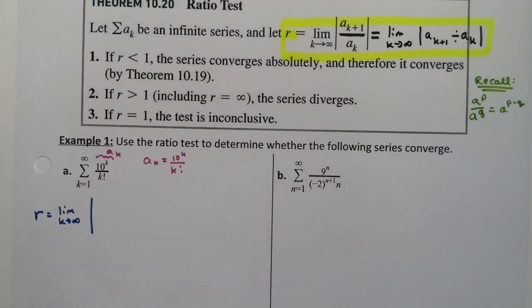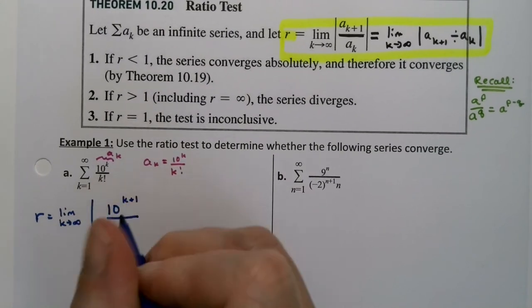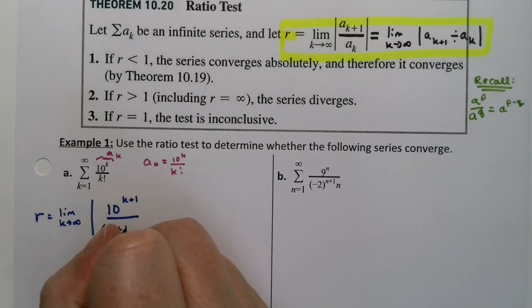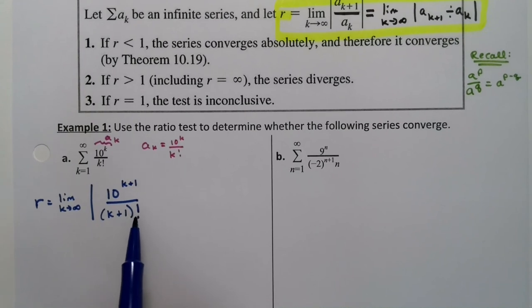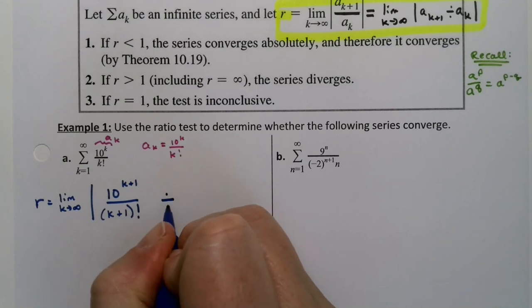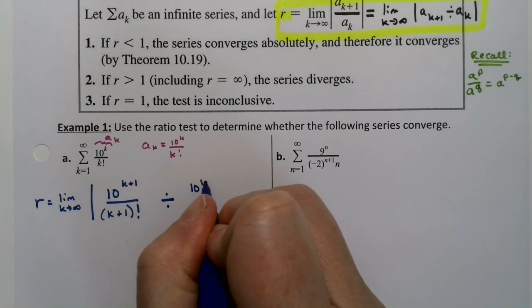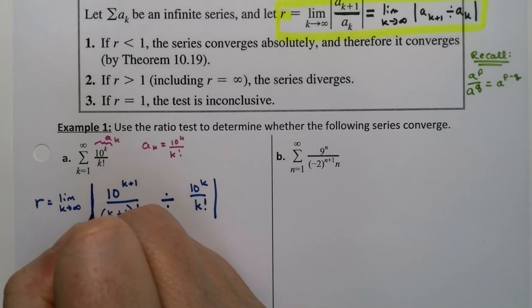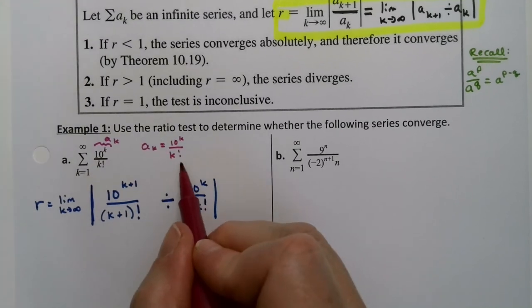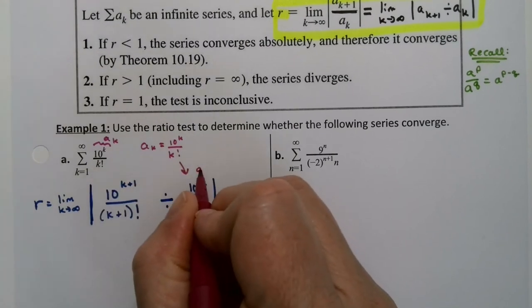So a sub k plus 1 would be 10 to the k plus 1 over (k plus 1) factorial. You have to put parentheses there because you don't want to imply that it's 1 factorial. So you need k plus 1 in parentheses. And I'm going to divide that by a sub k, so that would be 10 to the k over k factorial. And I'm going to take the absolute value of that. So this is a sub k plus 1, and this is a sub k right here.